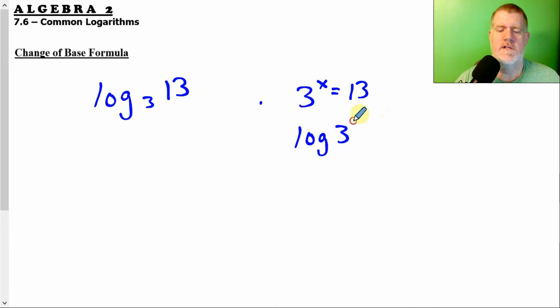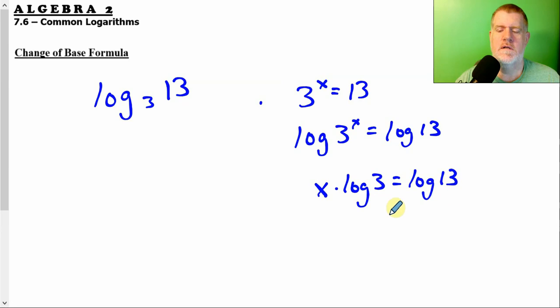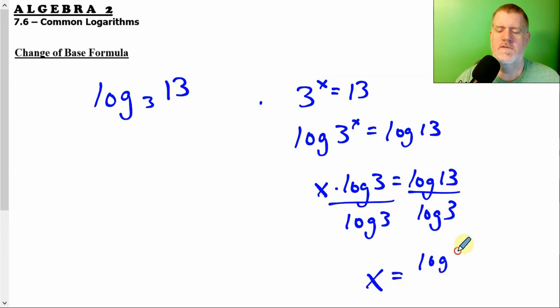The log of 3 to the x equals the log of 13. X comes down in front. Divide by log of 3. Now I don't want to actually calculate it. I want you to see what's happening here. It's the log of 13 divided by the log of 3. Here's 3.